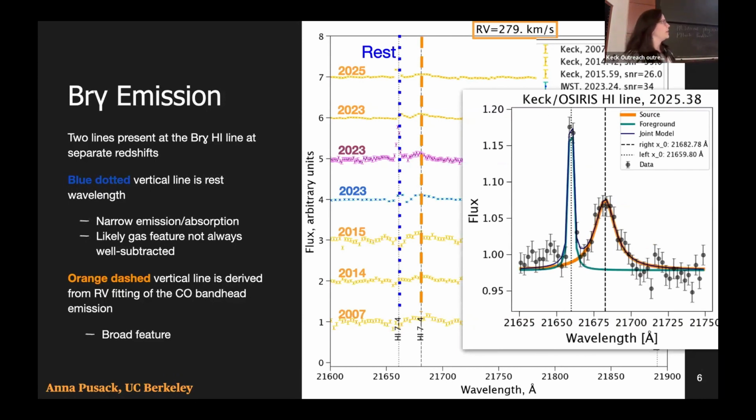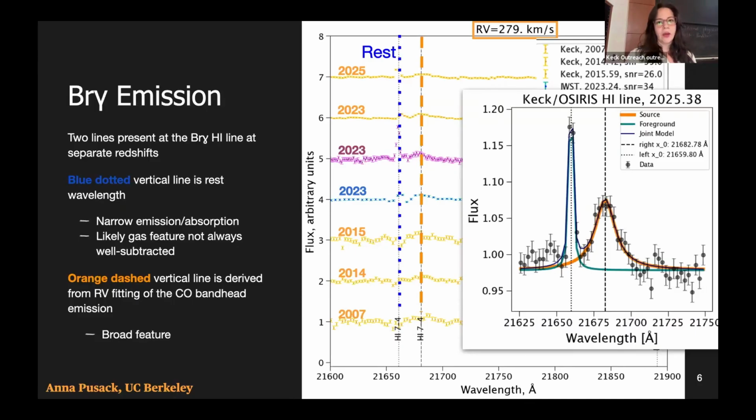This is where things can get messy. Not all of them look like this. This was probably the prettiest one that I wanted to show you all, where the narrow band is quite clearly distinct at a rest wavelength for Brackett gamma, and then that broader feature not as bright and off at a different radial velocity.